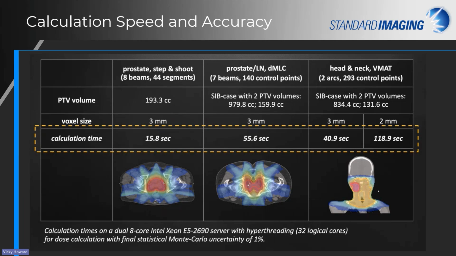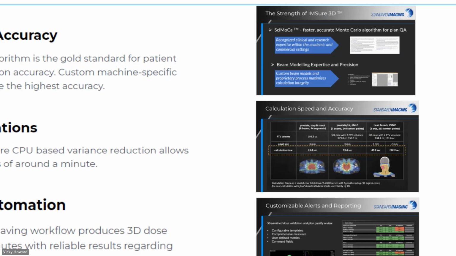Otherwise, it's all happening kind of automated behind the scenes. As I mentioned, as soon as the plan is exported from the planning system for delivery, IMSure 3D will grab it and just start doing that calculation. So you'll be notified when it's done. So you're not really aware of that delivery time at that point or the calculation time at that point.